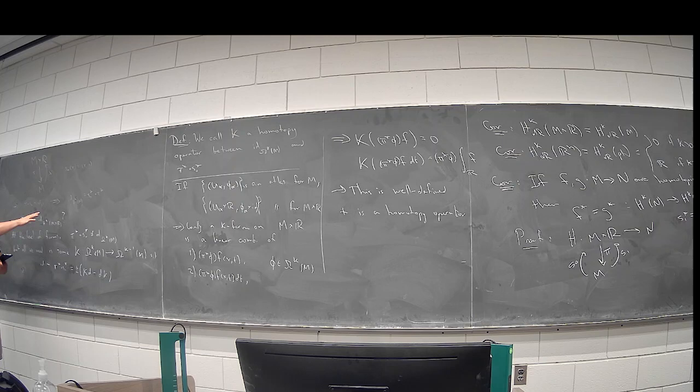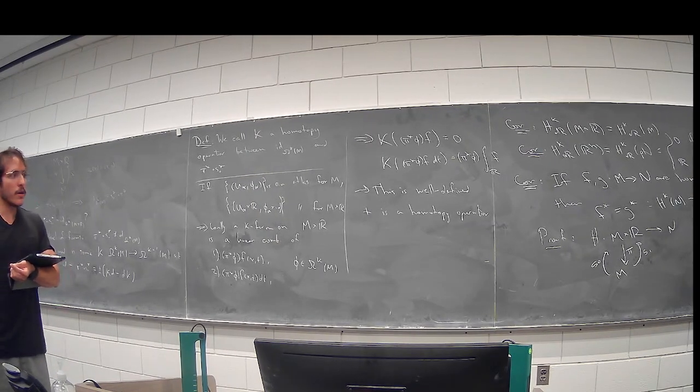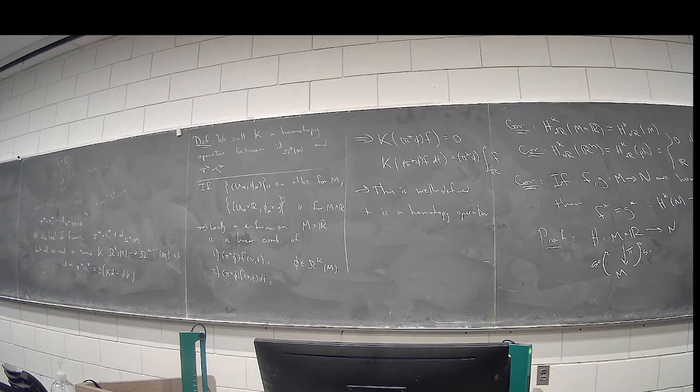But I also have S1, I can do the same argument. S1 star is the inverse of pi star. Why is it an inverse and not a pre-image?